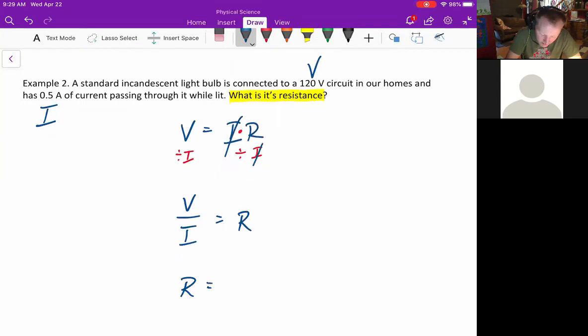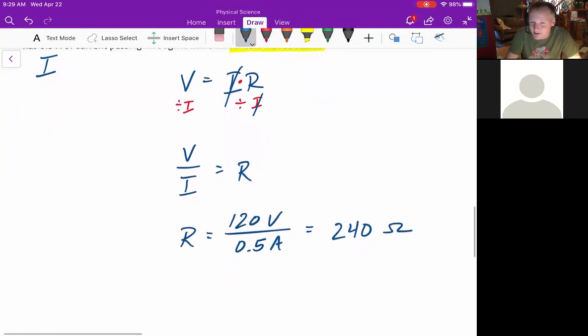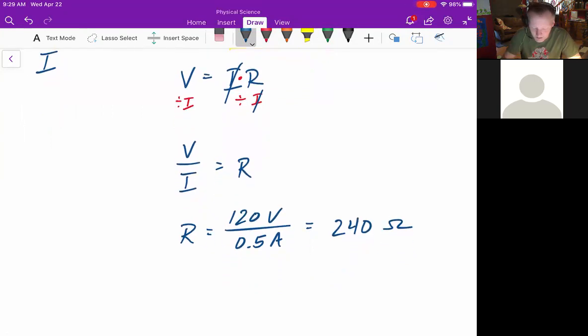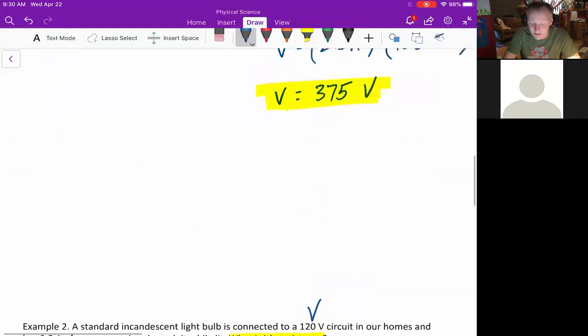R is equal to 120 volts divided by 0.5 amps, and that is 240 ohms. If I were answering it on a Schoology quiz, I would write it as 240 ohms with a space in between. Don't forget that space. Schoology is not smart enough to understand. So with our previous example too, this 375 volts is fine. Just make sure you've got a space in between them.